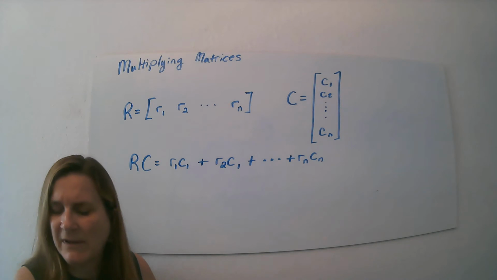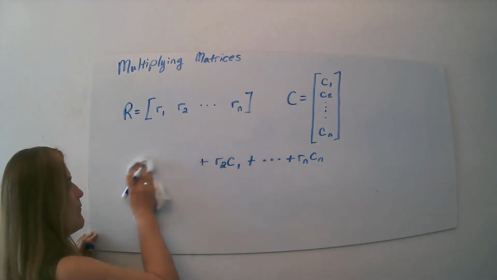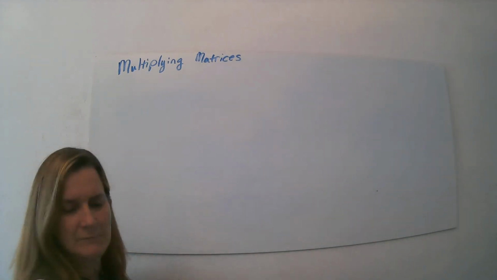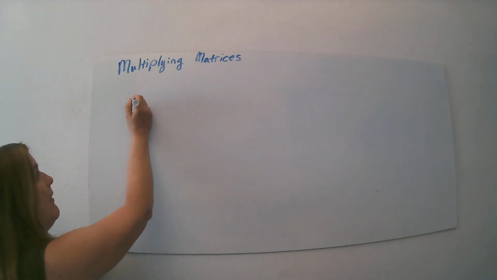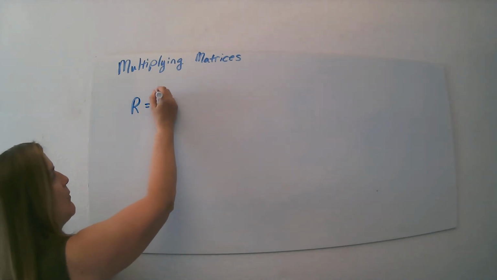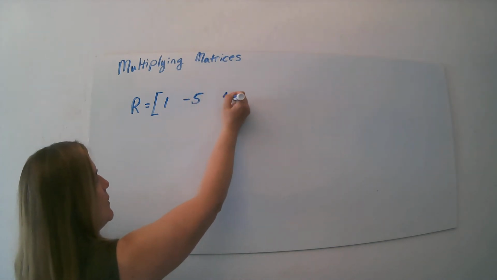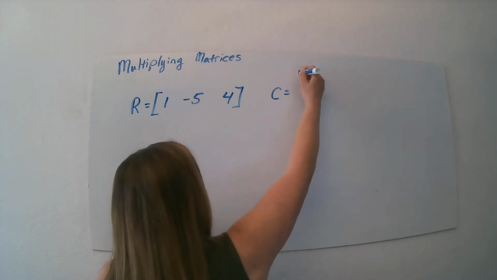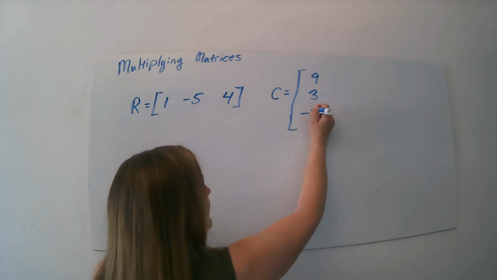So let's see that play out using a couple of matrices with numbers. So I'll let the matrix R equal 1, negative 5, 4. And we'll let the matrix C equal 9, 3, negative 2.